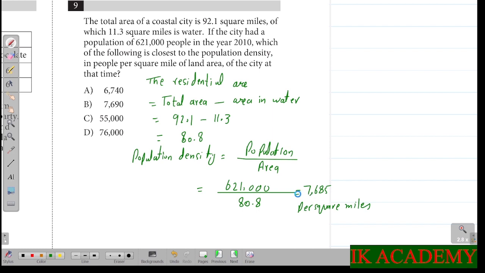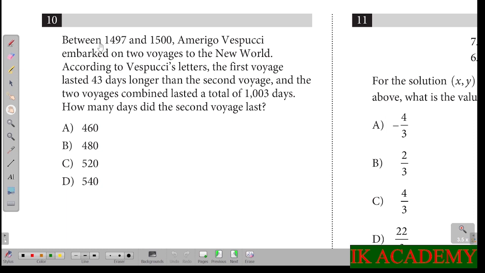Let's move to the next question. The question is: between 1497 and 1500, Amerigo Vespucci embarked on 2 voyages to the New World. According to Vespucci's letter, the first voyage lasted 43 days longer than the second voyage, and the 2 voyages combined lasted a total of 1003 days.